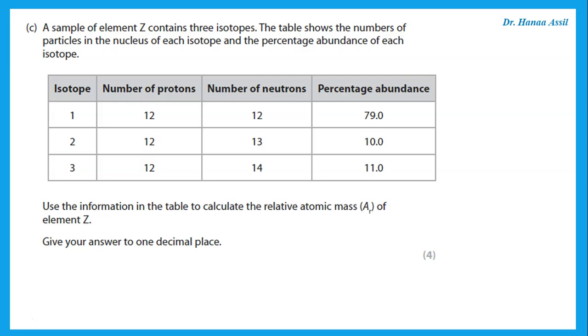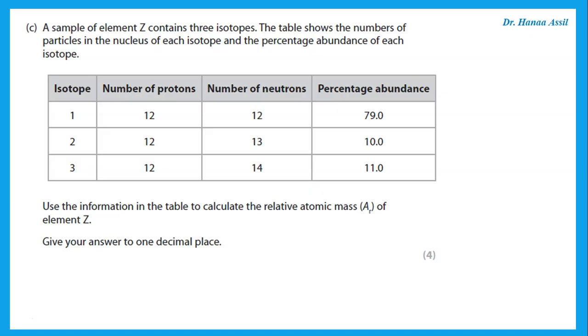A sample of element Z contains 3 isotopes. The table shows the numbers of particles in the nucleus of each isotope and percent abundance. Of course, when you're given this kind of information and you're required to calculate the relative atomic mass, then we want the abundance times mass number plus abundance times mass number and so on. How do we get mass number?